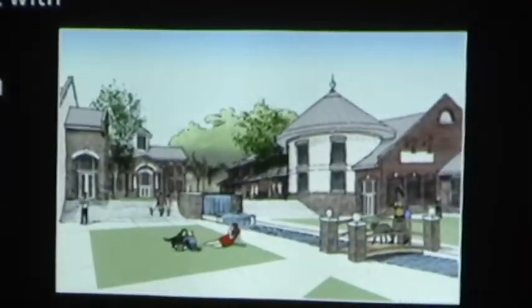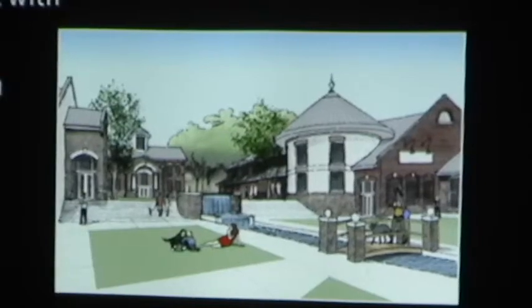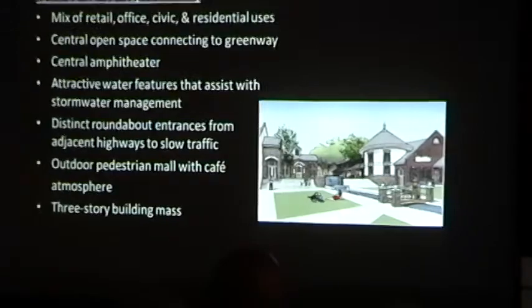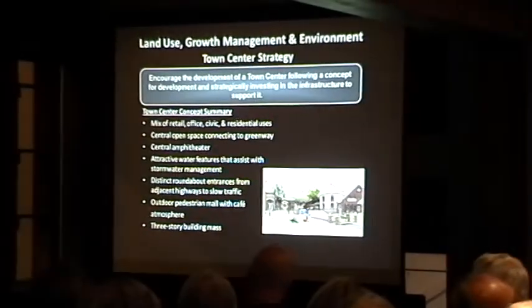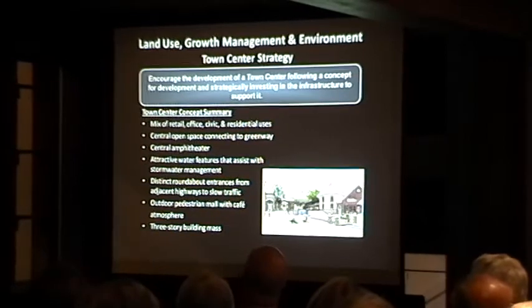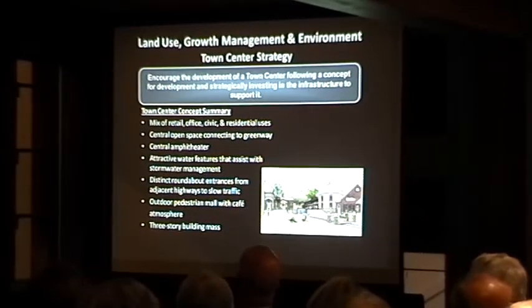Bermuda Run's a little different because of when it incorporated and how it grew, so it doesn't have exactly a town center to grow around. So in 2005, they decided that that was an important thing, and that has progressed until today, to have that town center, to have town gatherings and have that center of activity to boost the town's identity. So that area has remained throughout this plan the area to focus on for town center.